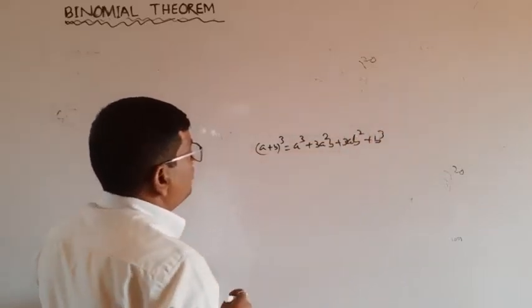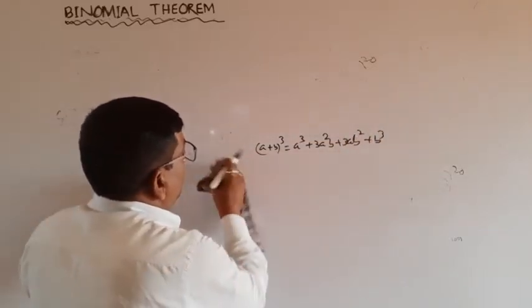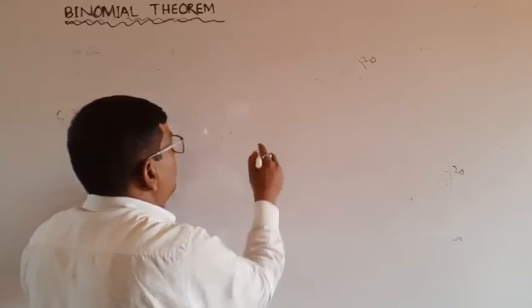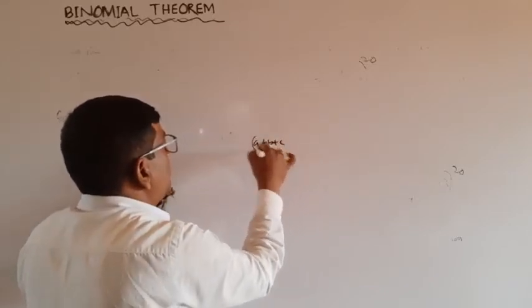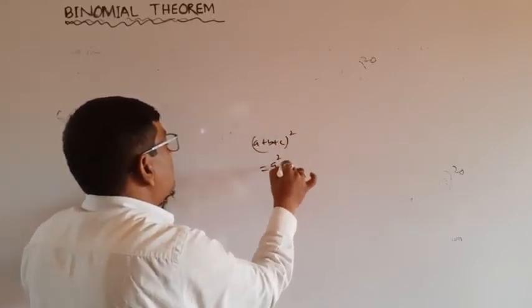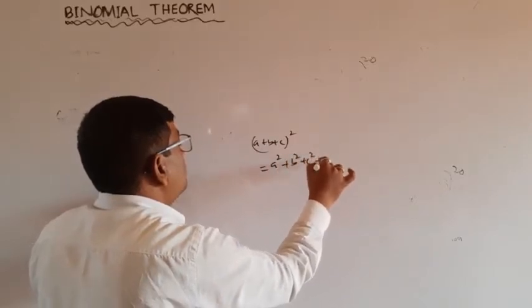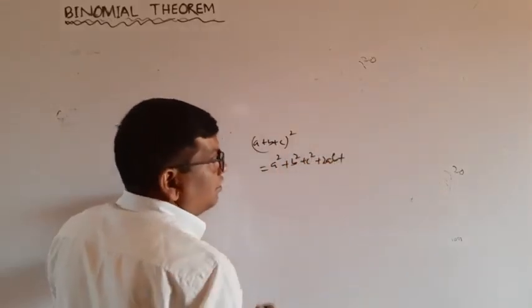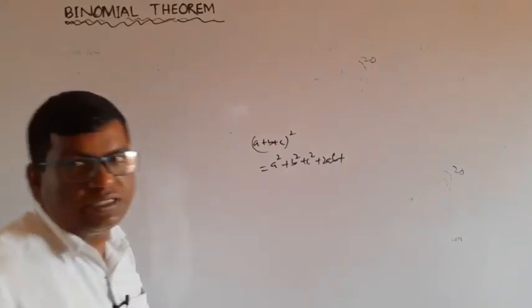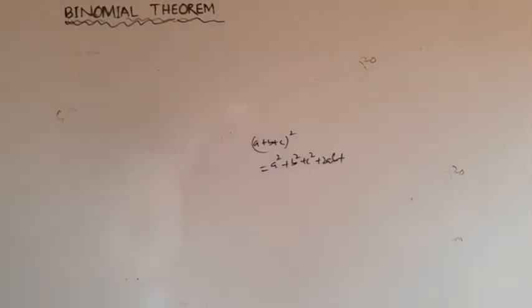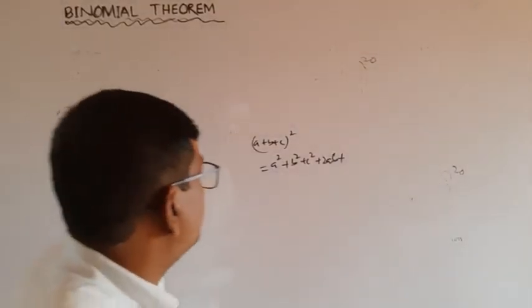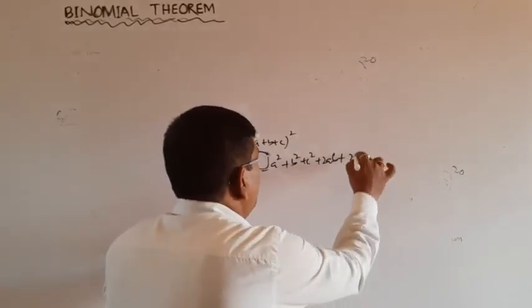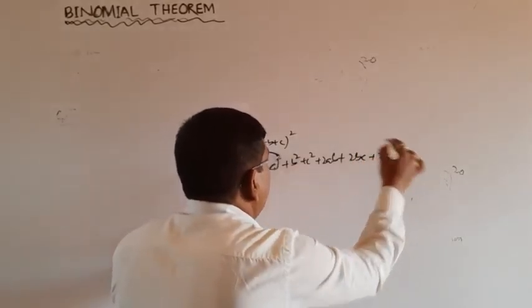Number of terms is what? 4. And what is (a plus b plus c) whole square? The formula: a square plus b square plus c square plus 2ab plus 2bc plus 2ca.